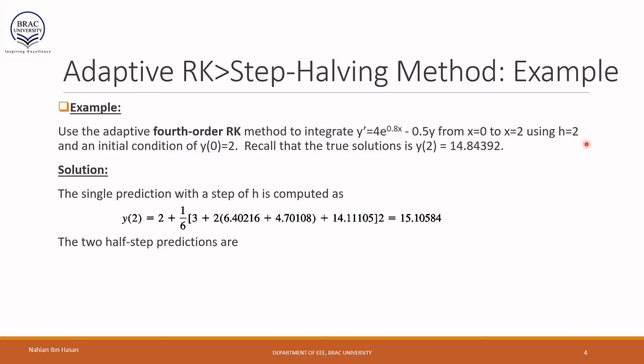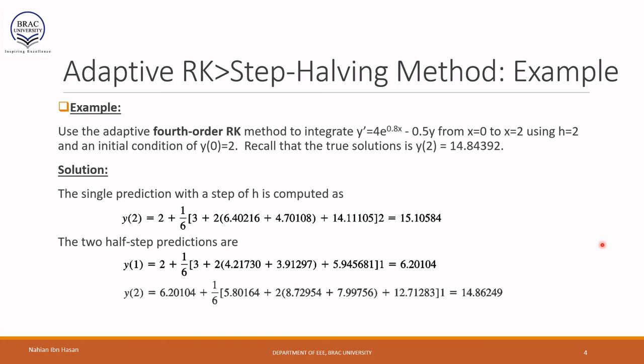The original step size was 2, so half of that is 1, meaning h is equal to 1 here. We get the value of y(1) as 6.20104, and then based on this value I am going to calculate the final result, that is y(2). Look at this: when we are calculating y(1), we are using the previous result, that is y(0), which is 2.